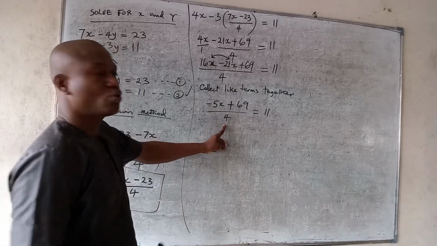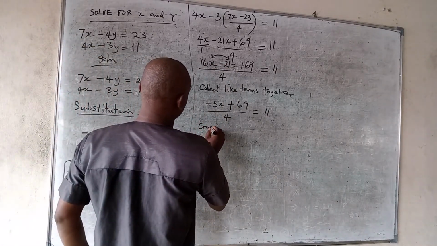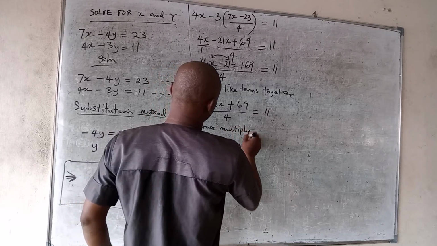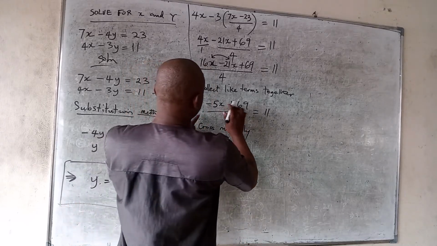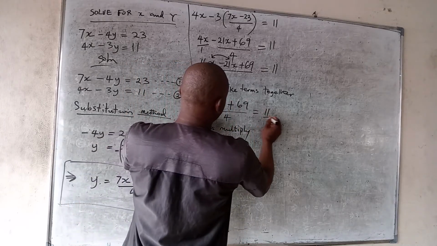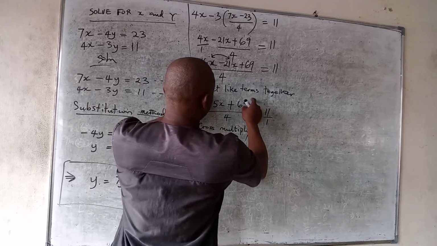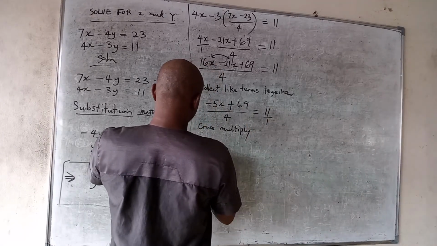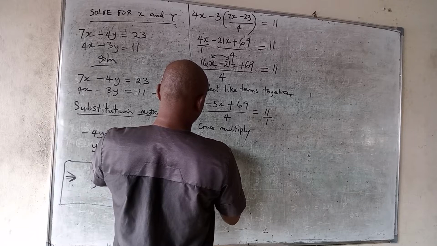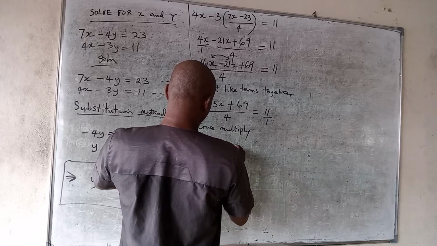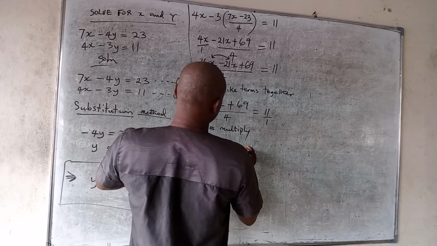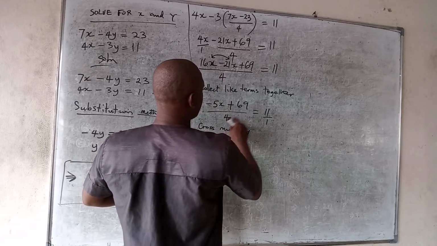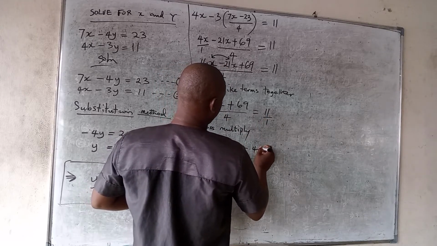The next thing to do is to cross multiply. The entirety of this, this is actually 11 over 1. So the entirety of this times 1 is minus 5x, the same as it is, because it's being multiplied by 1, which is equal to 4 times 11, 44.